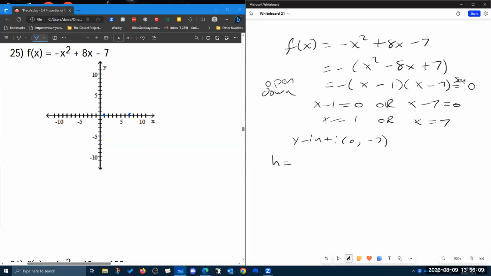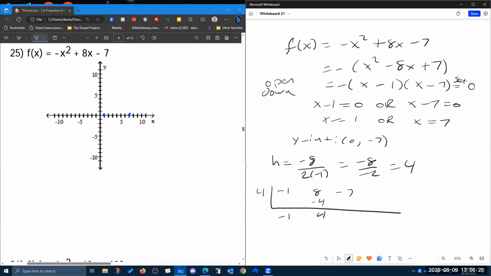My x-coordinate of my vertex is at -b over 2a, that's x equals positive 4. When x is 4, y is 9.